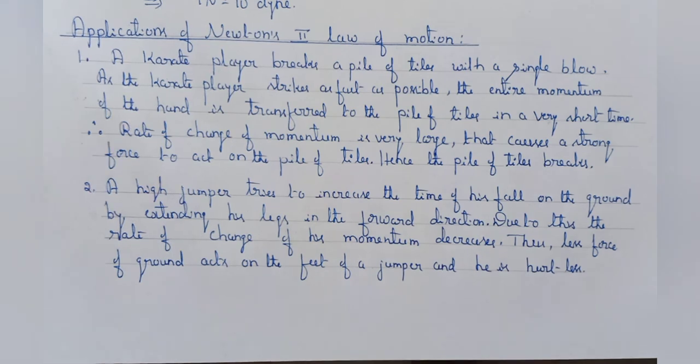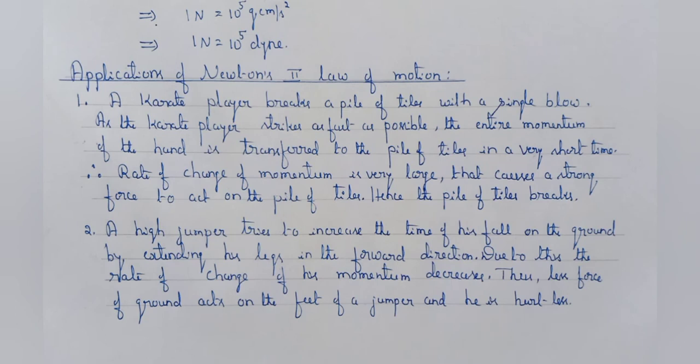Another example, a wrestler tries to increase the time of hit on the ground by bending his body forward. In this way, the rate of change of his momentum decreases and he feels less force on his feet. Therefore, he is not hurt.